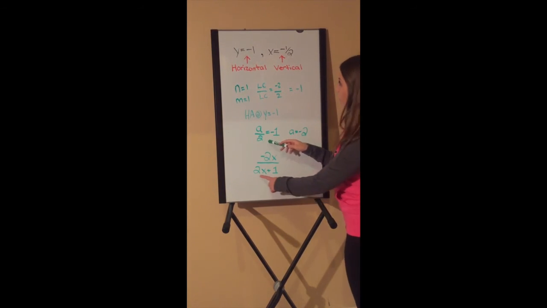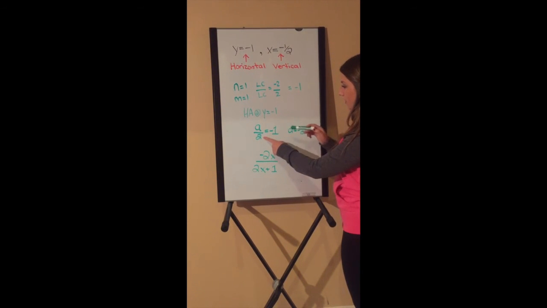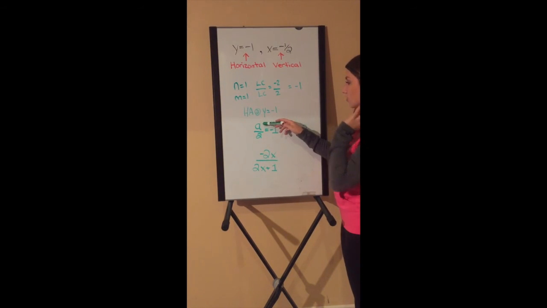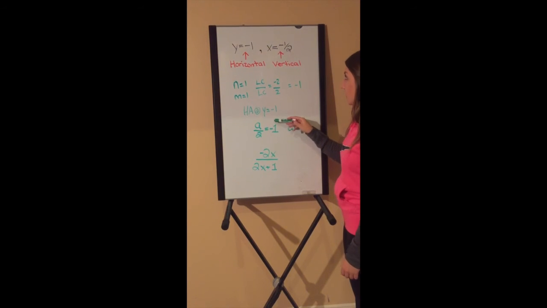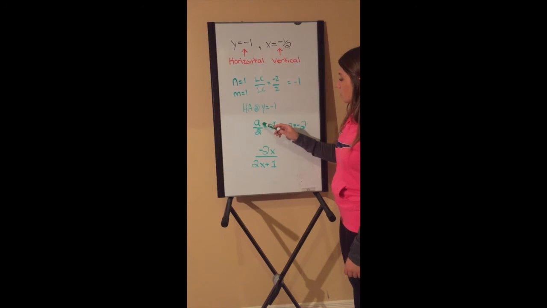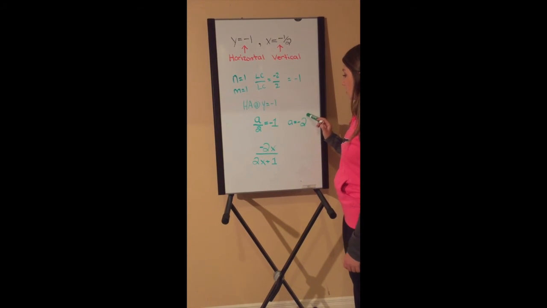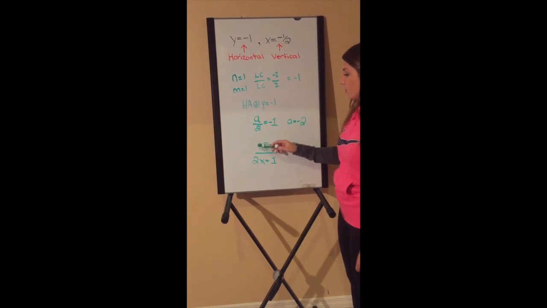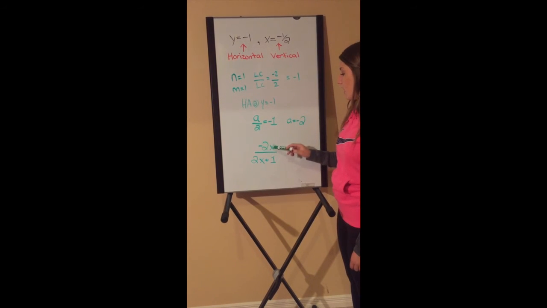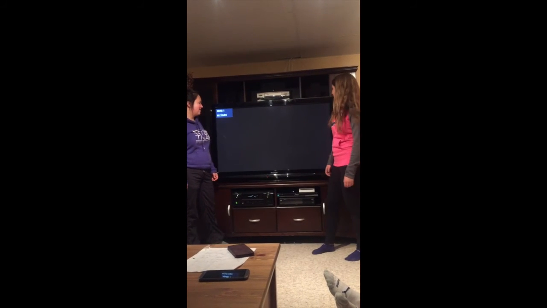So we already know from the vertical asymptote that our leading coefficient is 2, which is shown under here, but we don't know what our numerator leading coefficient is, so we have to sub in a. And we know that it's equal to negative 1 from our horizontal asymptote. So from this, you simply solve for a, multiplying both sides by 2, and resulting in a equals negative 2. You then know that this is the leading coefficient for the numerator, resulting in negative 2x all over 2x plus 1.